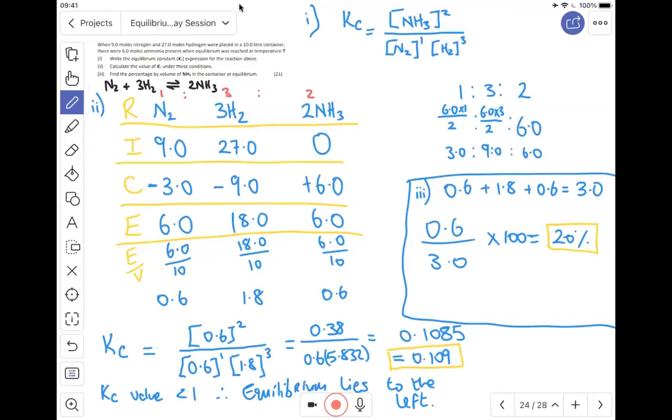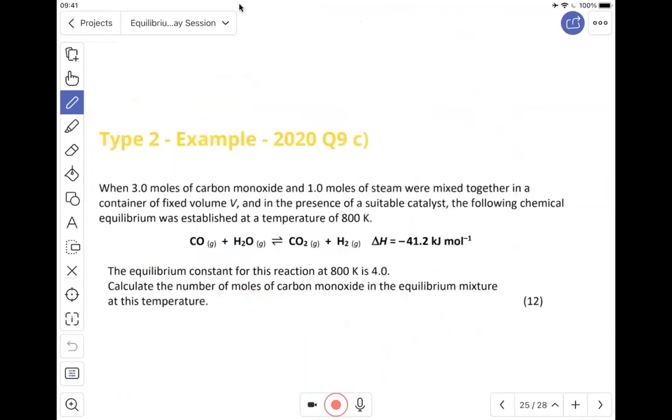So that is calculation type 1 of equilibrium, where you are asked to calculate the Kc value when you are given the concentrations. Now we're going to do type 2, where you have to calculate the concentration of a particular molecule when you are given the Kc value.